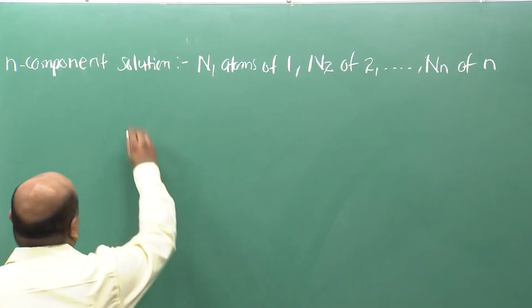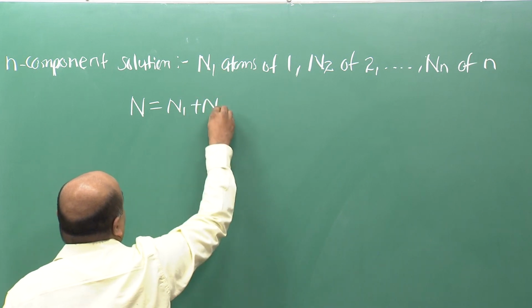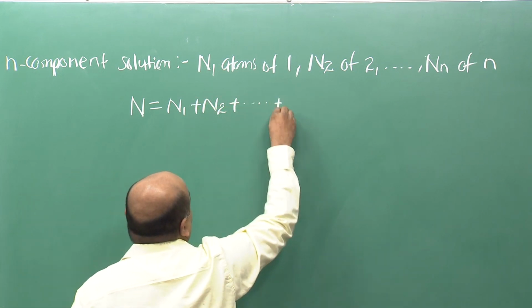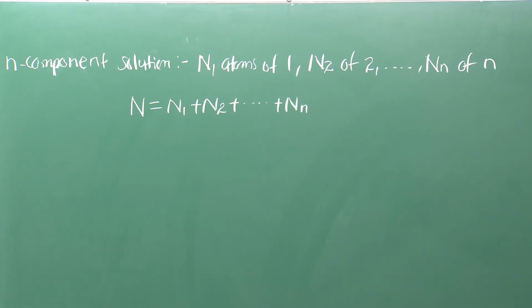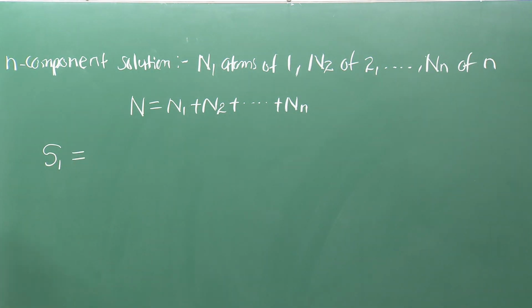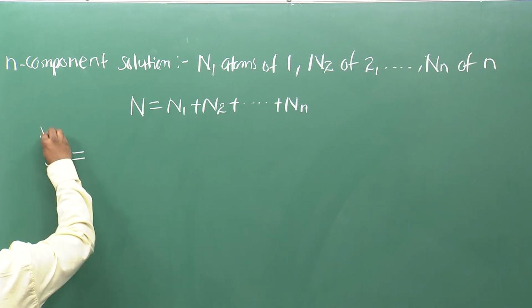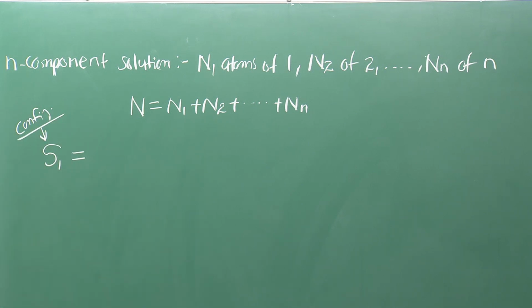So, the total number of atoms n will be the summation of all the atoms. Right. So, before mixing, let us call the entropy of the system before mixing S1, and we are talking here about only the configurational entropy.